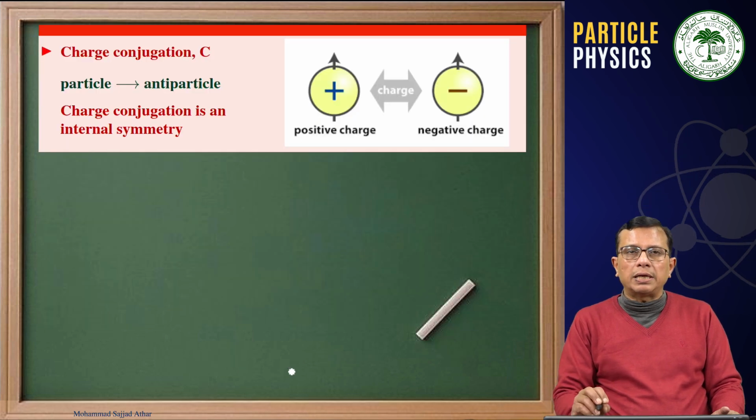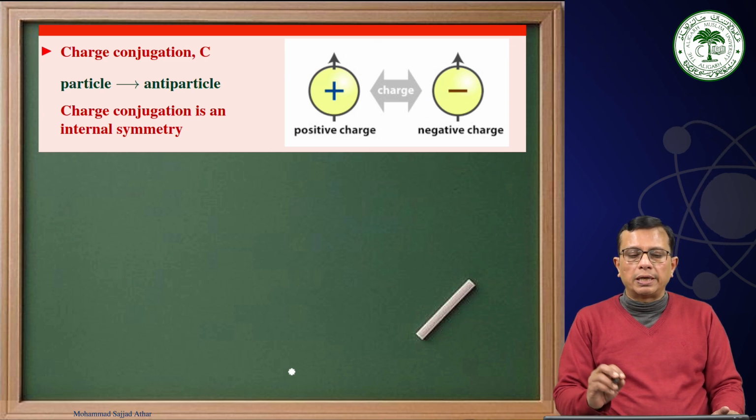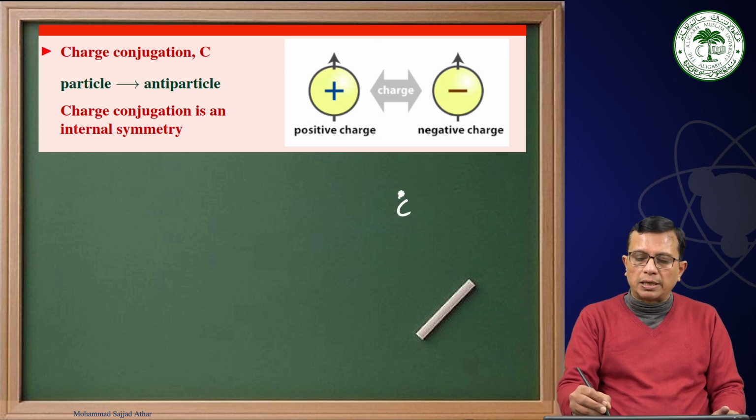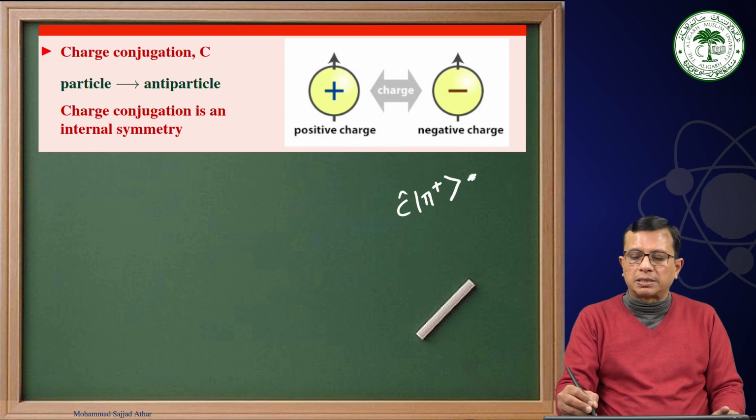Now, the other one is the charge conjugation operation. What does it do? It takes a particle to an antiparticle state. That means if I talk about the charge conjugation operation operating on a pi plus state, it gives me a pi minus.